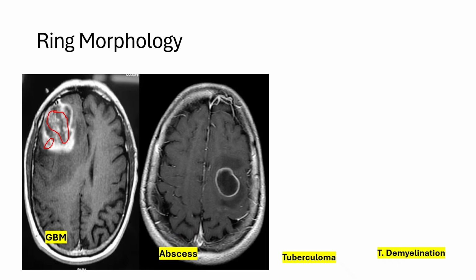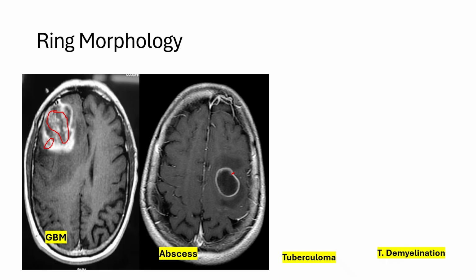After number and edema, look for the ring morphology. If it has a thick and irregular ring, then think of a malignant lesion. If there is also a necrotic component, then think of glioblastoma multiforme. If it's a thin regular ring with central necrosis, then think of abscess. This is the thin ring.